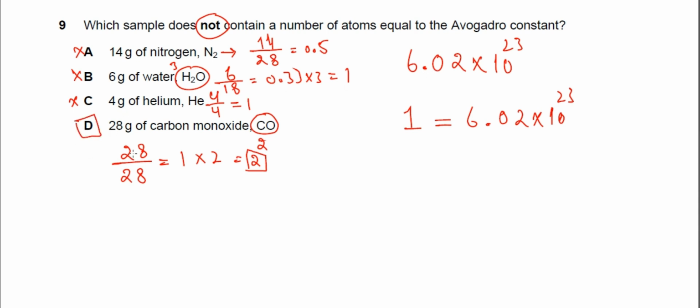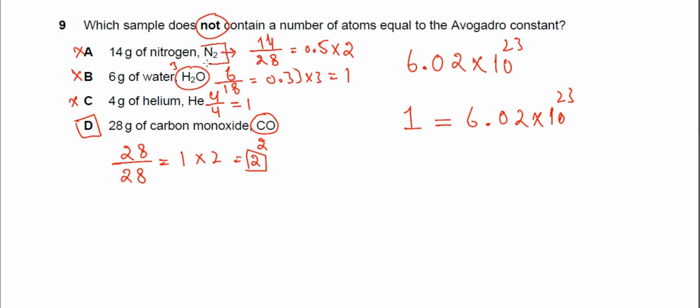You got that? Understood? If you can't, I can explain it again. Why B and C are not correct? Because they all contain 1 mole of atoms. As I said, you can see how many moles of nitrogen, which is diatomic, there are: 0.5. Then we have to multiply it by 2. Why? Because in 1 mole of nitrogen there are 2 nitrogen atoms, because of the diatomic molecule.